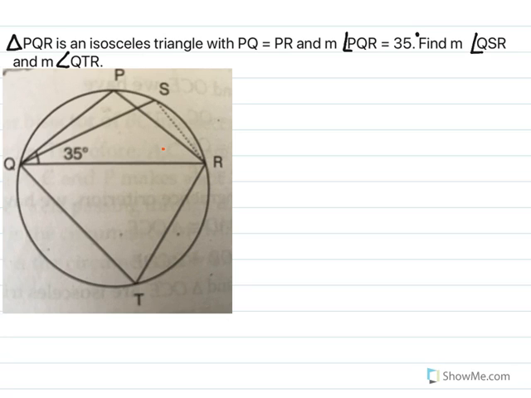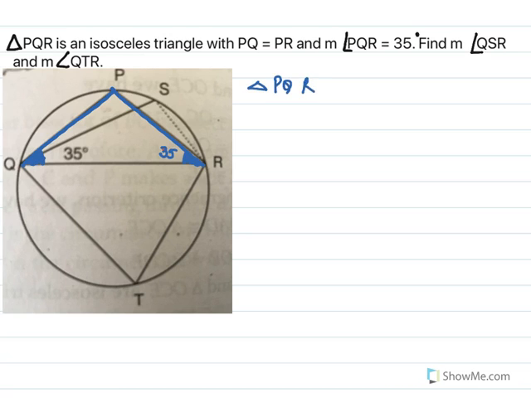Here again the similar sum. In PQR, we have 2 sides equal, PQ and PR. So we have PQ equal to PR. If PQ equal to PR, the base angles will be equal. So this is 35, and here this angle also will be 35. So we write that first.